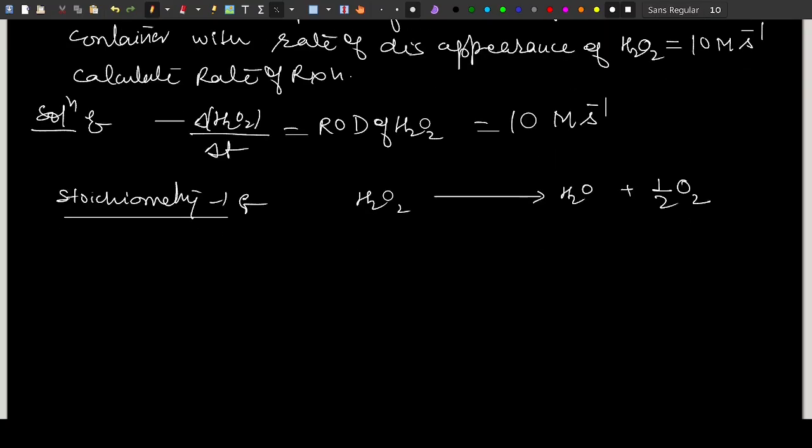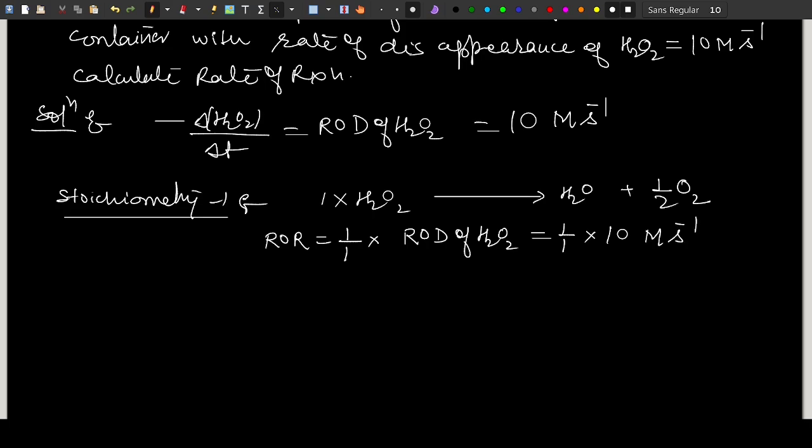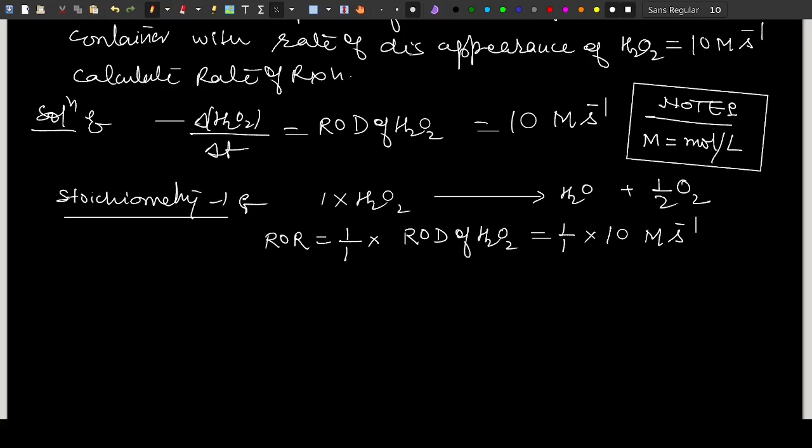Here its stoichiometric coefficient is 1. So rate of reaction is equal to 1 upon 1 into rate of disappearance of H2O2. So it is 1 upon 1 into 10 mole per liter per second. Here friends, M is equal to mole per liter. So this is one of our answers.